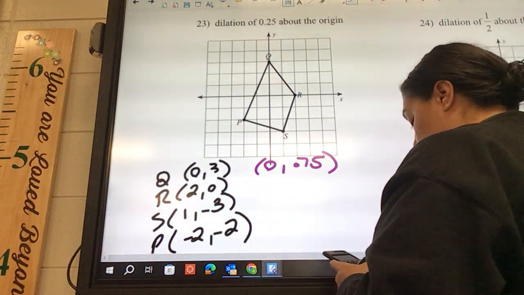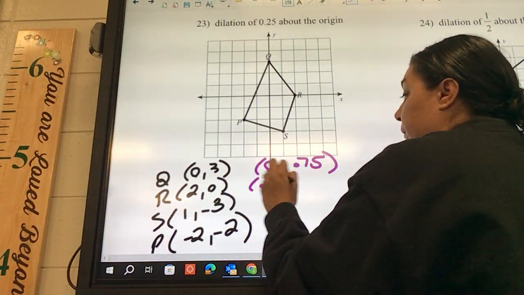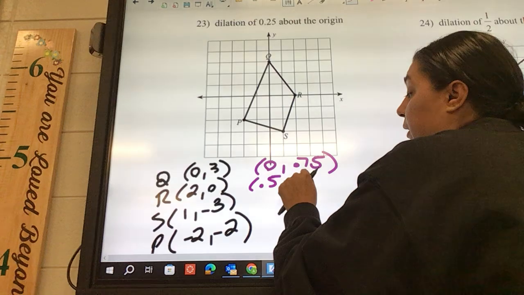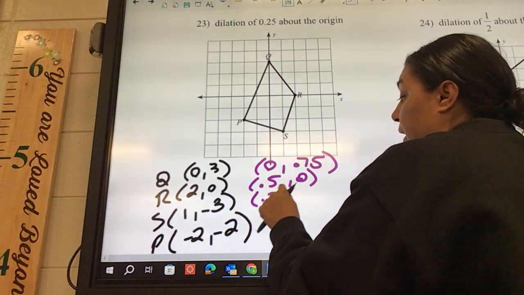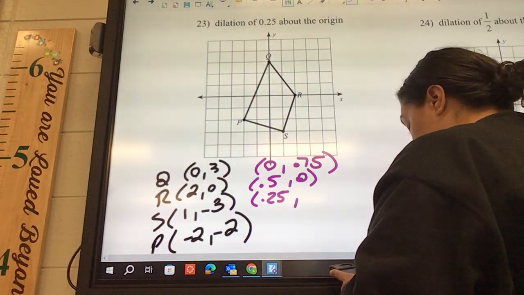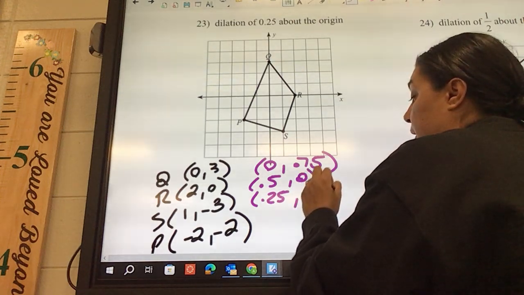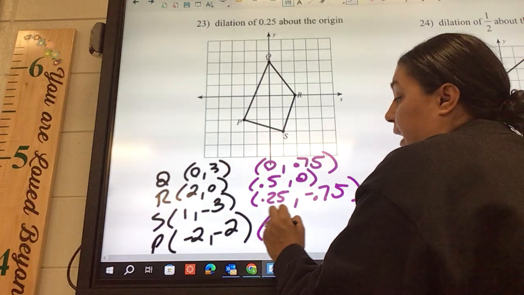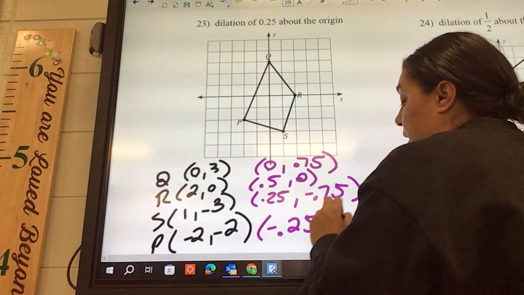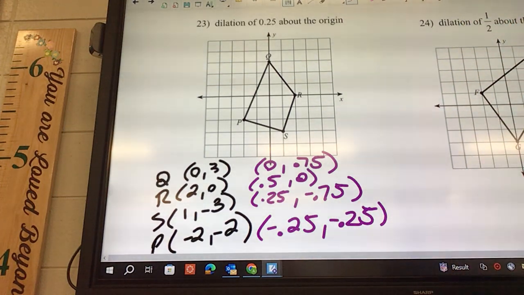Okay, 2 times 0.25 is 0.5. 0 times 0.25 is 0. 1 times 0.25 is 0.25. Negative 3 times 0.25 is going to be negative 0.75. Negative 2 times 0.25 is negative 0.25. And negative 0.25.